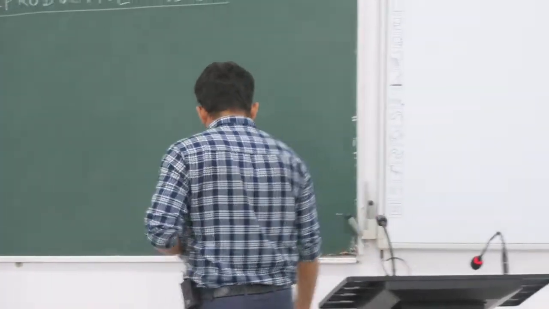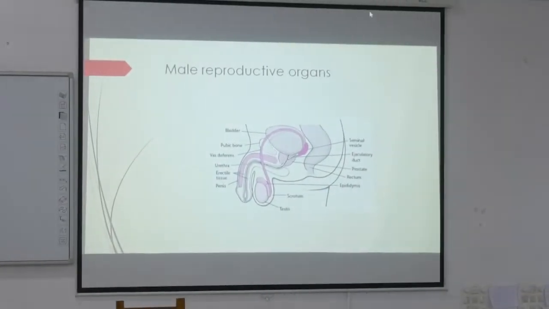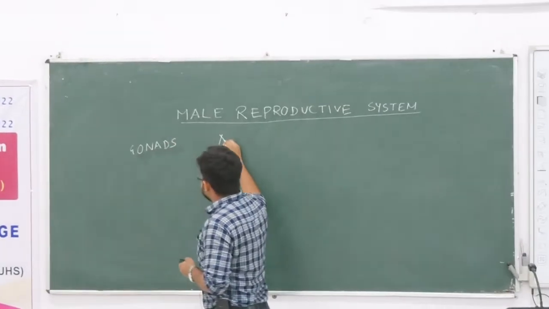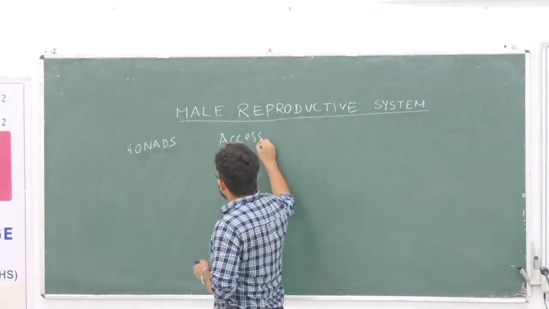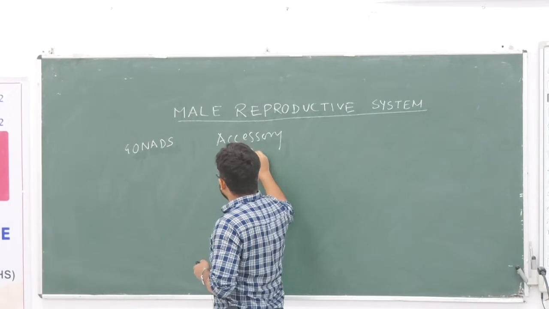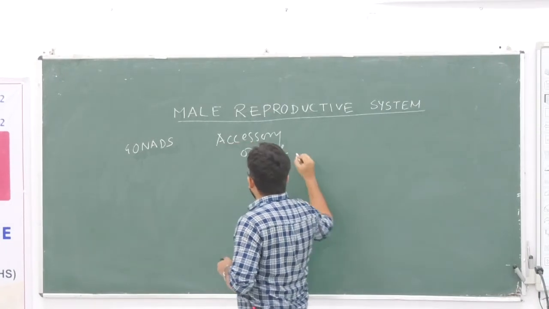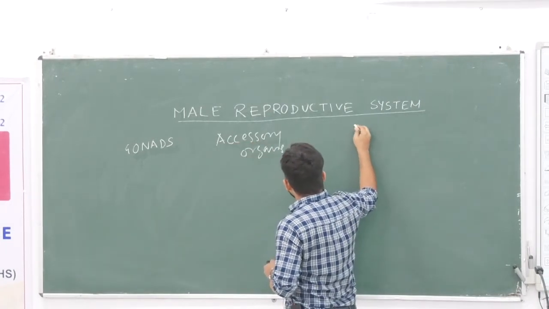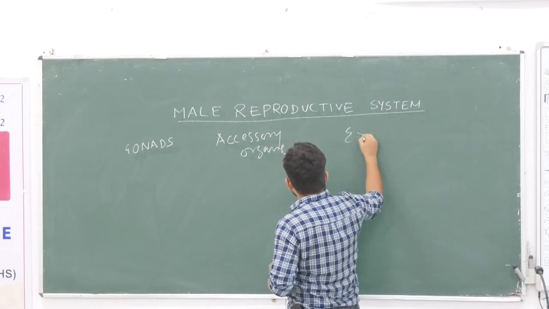So first is gonads, then accessory organs, and third is the external genitalia.